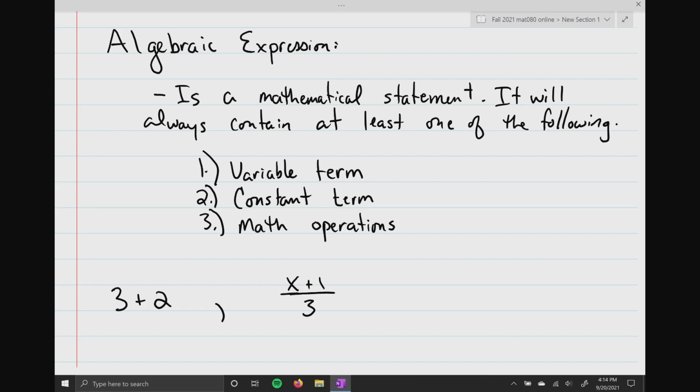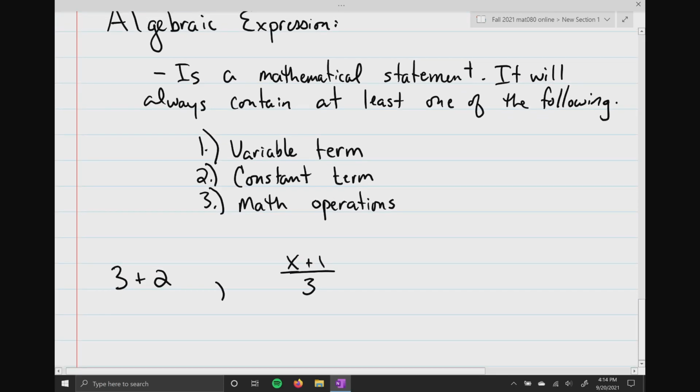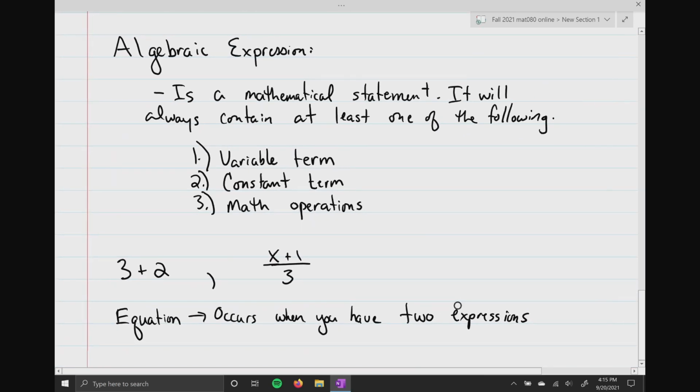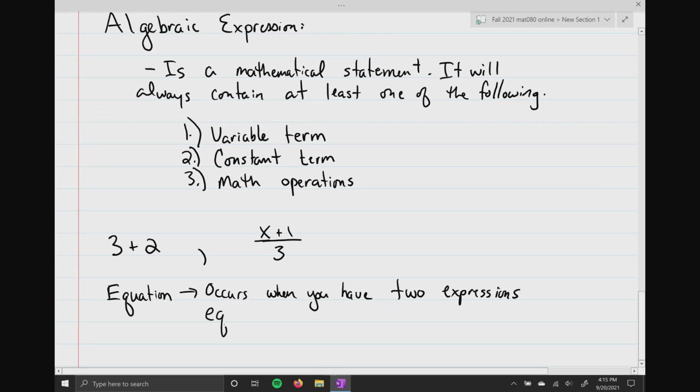Now, an equation occurs when you have two expressions, which we just defined, equal to each other.